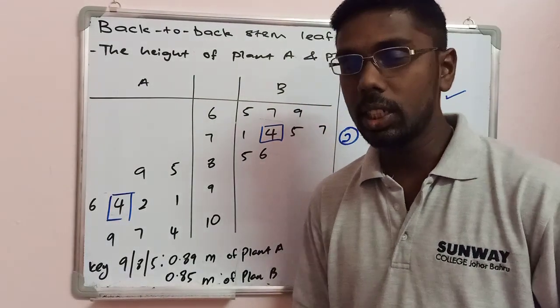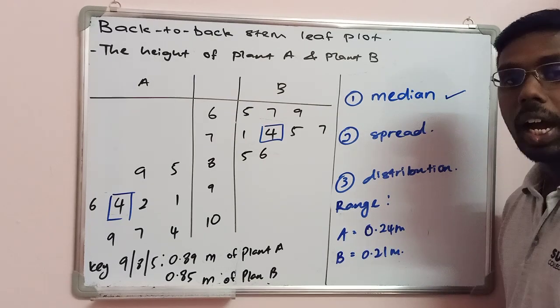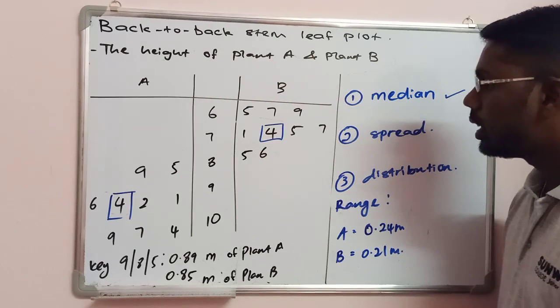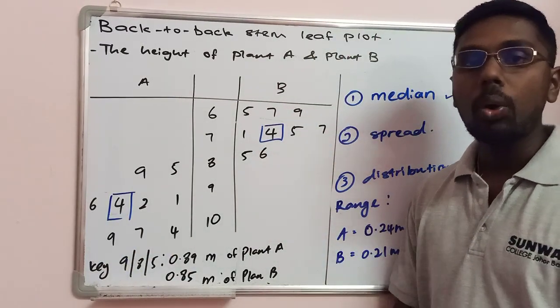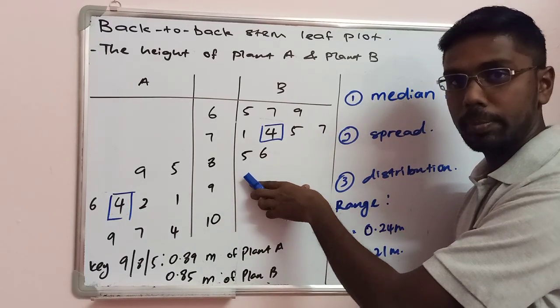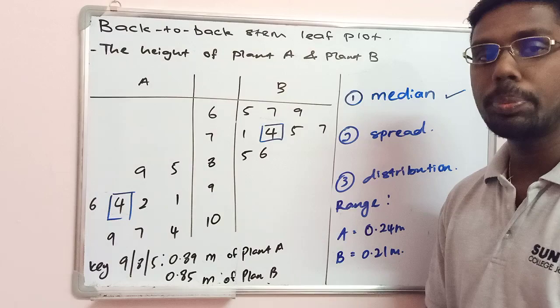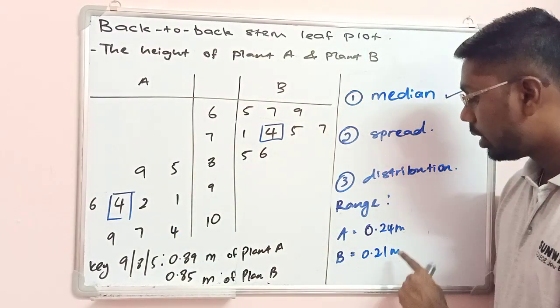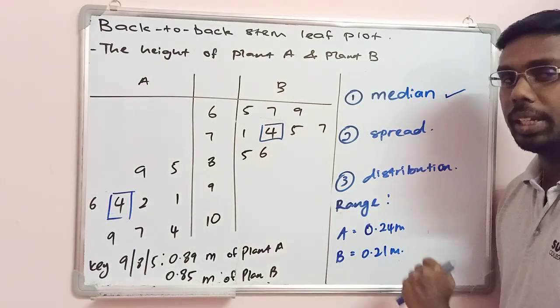So if you notice here, for the range, A has a higher range compared to B. Therefore, we can say A has a wider spread compared to B. Okay, I'll repeat. A has a wider spread compared to B because the range of A is higher compared to B.